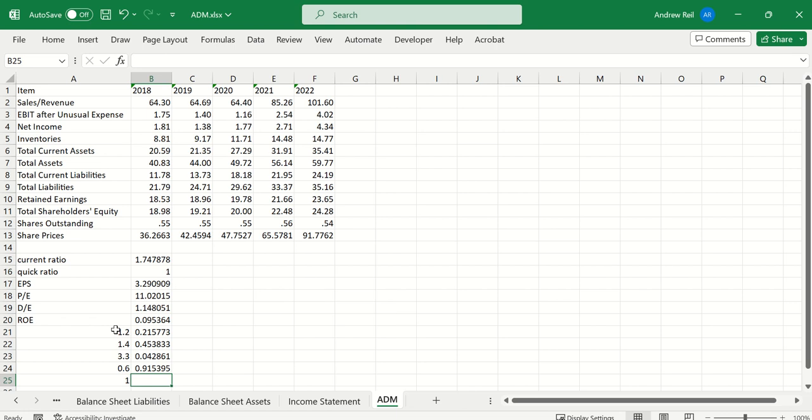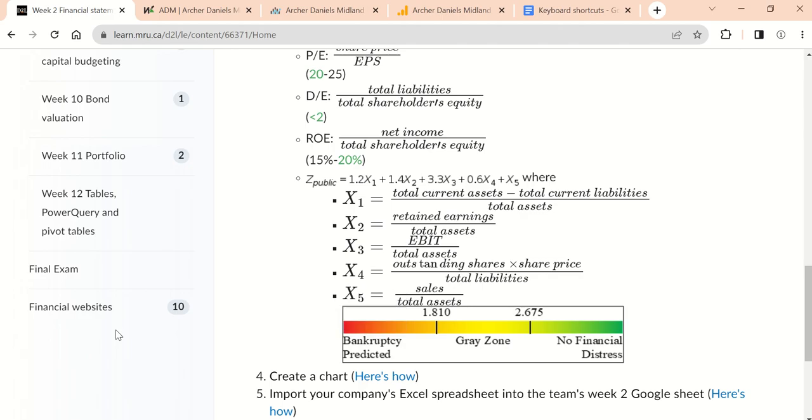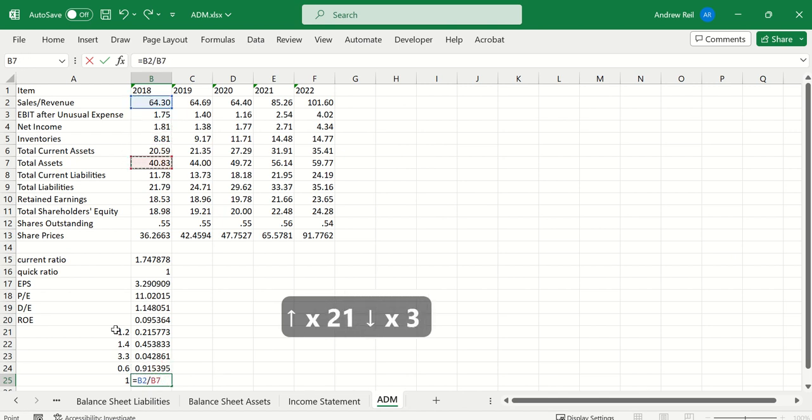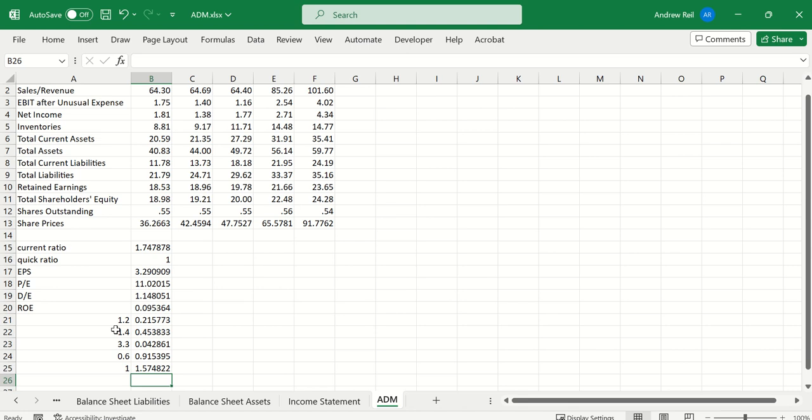And then the last one is sales divided by total assets. Good. And here I'm just going to call this Z for public companies. There's a different formula, different numbers for private companies.